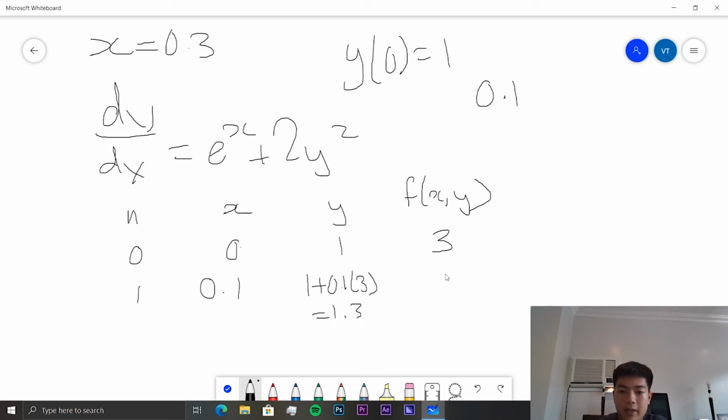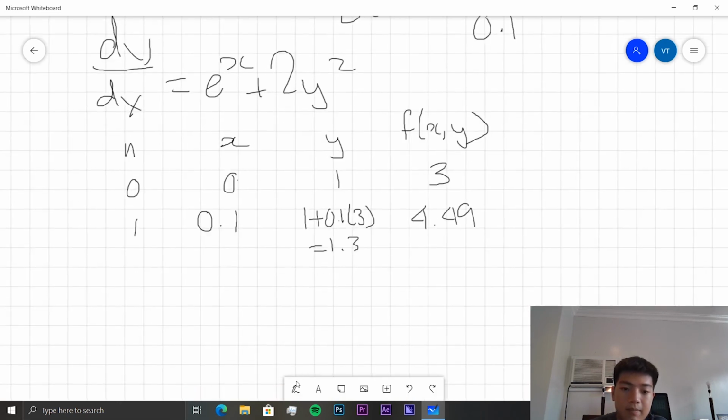And so f of x, y will be equal to e to the 0.1 plus 2 times 1.3 squared, which should be around 4.49. Okay, next step.